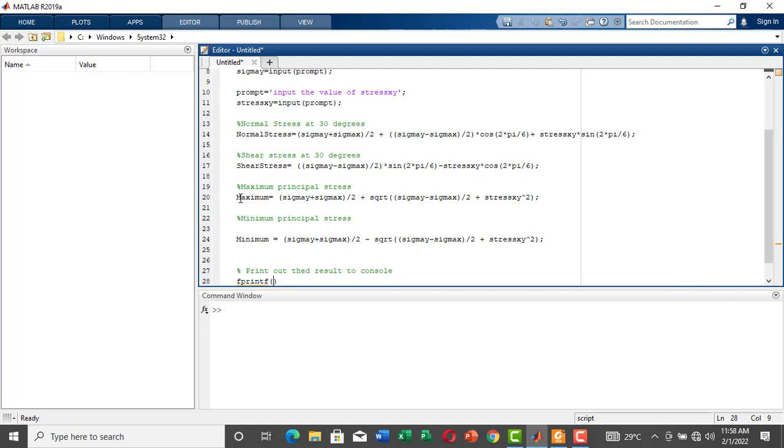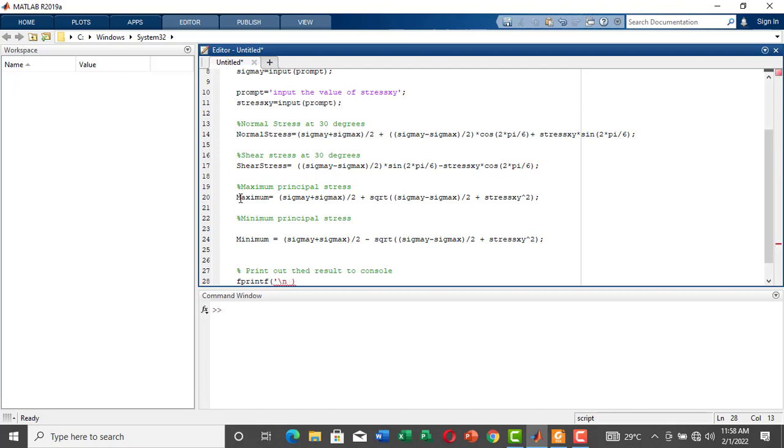So I can decide to print it as maximum stress. You understand? I want to print it as maximum stress, but the name is maximum. So I will say I want to print maximum as maximum stress. So how are you going to write that? One quotation, then the backward slash, then n, then you now write the name.